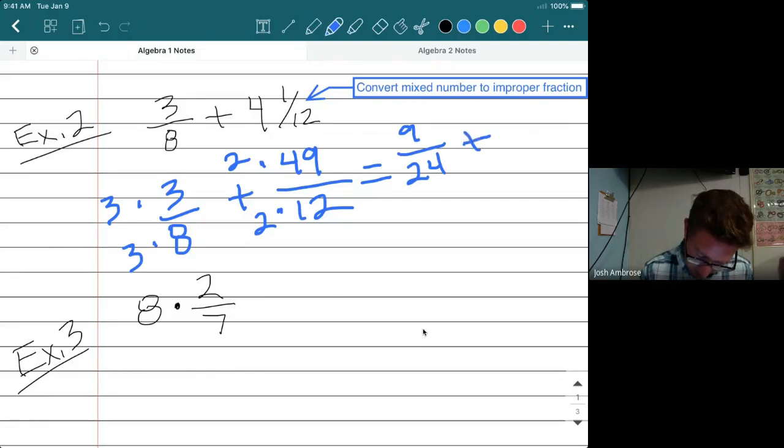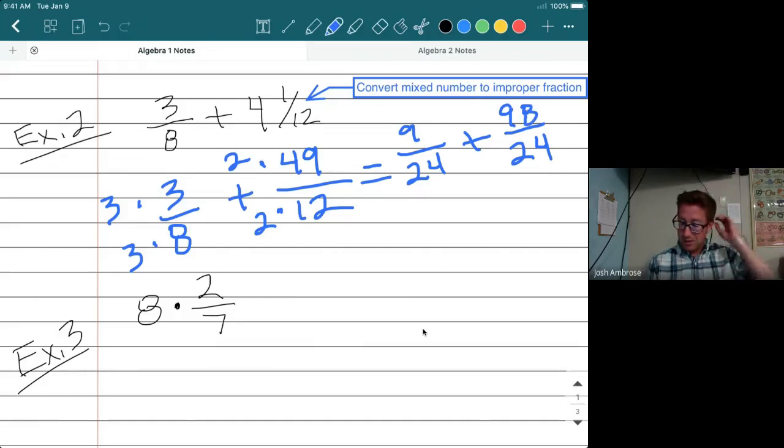And then we are adding that. We know we're going to have a 24 on the bottom. Let's see, 49 times 2, that's going to be 98. Okay, so now we're looking at 98 plus 9, and that 24 common denominator, that's excellent. So we're going to keep that, 24.